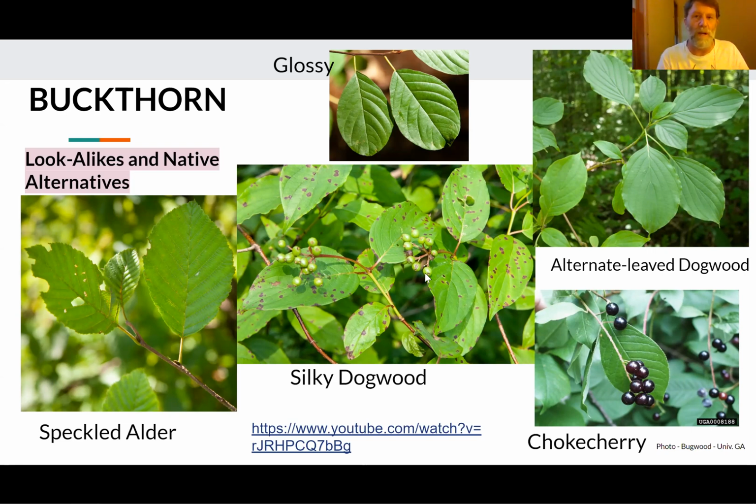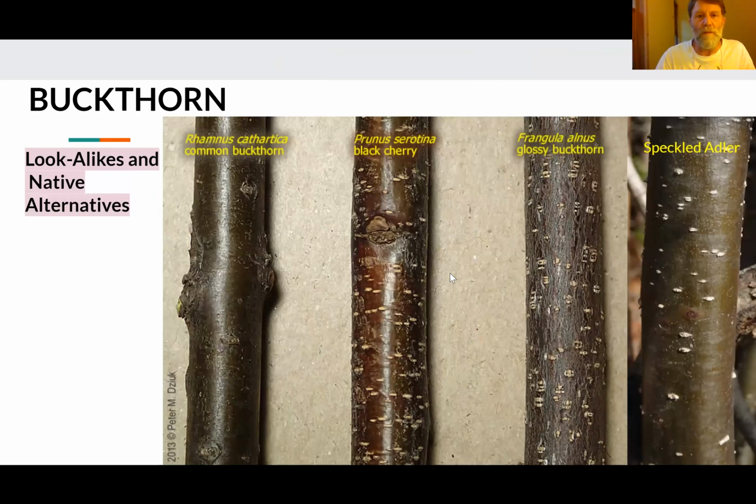This has many more, and as Sam pointed out, the common ones go up towards the tip of the leaf. These ones on the chokecherry go sort of straight out towards the edge of the leaf. And again, you've got a cluster of berries out at the end, sort of dangling off, as opposed to having the berries close in by the tip. The next slide, we'll look at the bark of these.